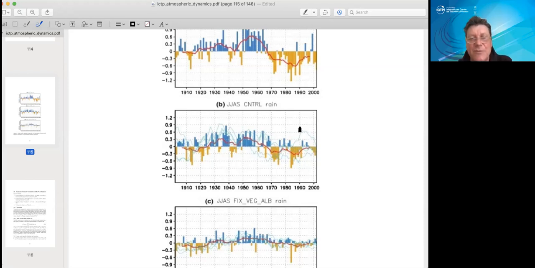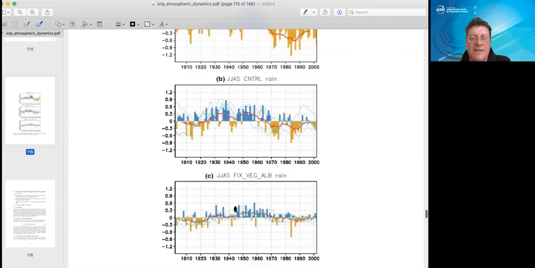So the result that we get here, from this ensemble of many simulations, is that there is some average signal that indicates this Sahel drought is there at about the right timing. That is already some result. However, it is very different if we look at the simulations where we have excluded this interactive vegetation feedback in the model.